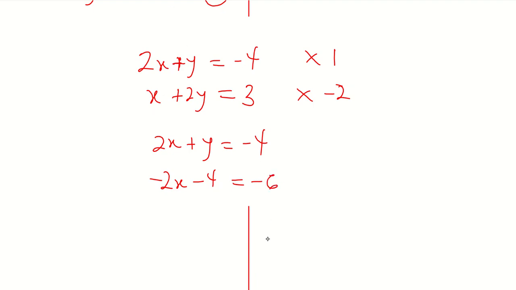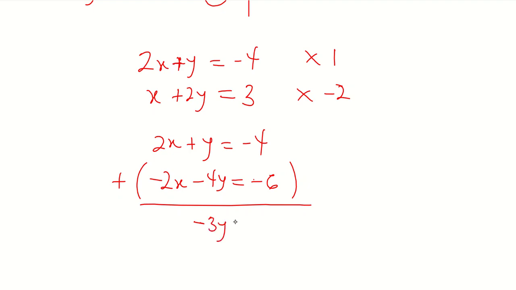Now having known this, our simultaneous equation by elimination continues. Now we can add these two equations, and when we add, 2x minus 2x is going to give us 0, and y minus 4y is going to give us negative 3y, which is equal to minus 4 minus 6, which gives us minus 10.